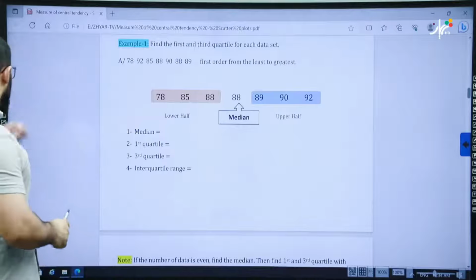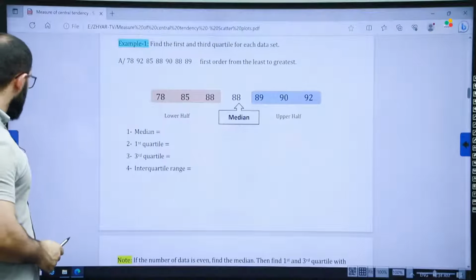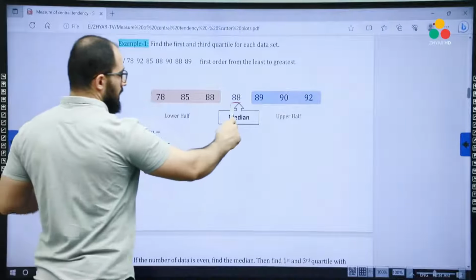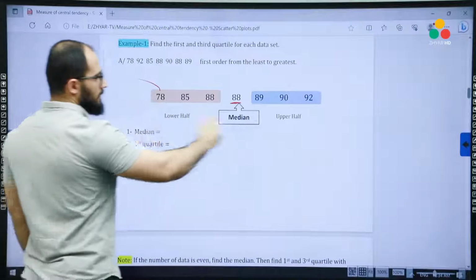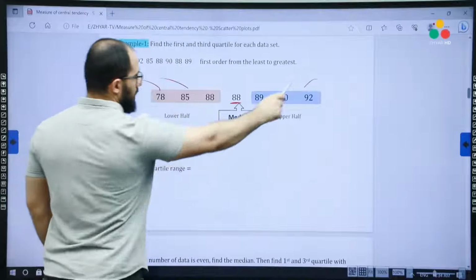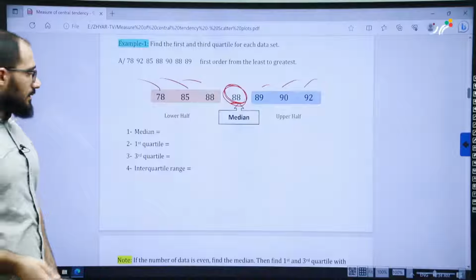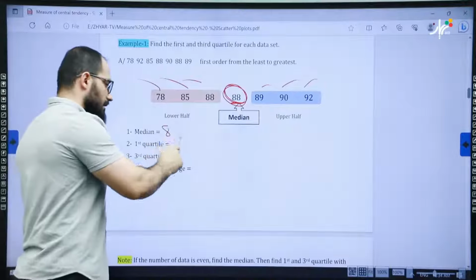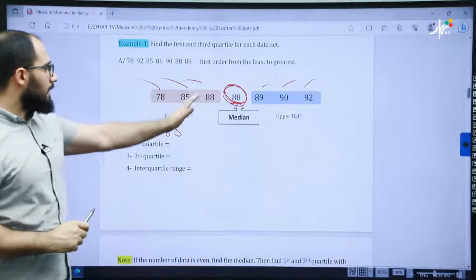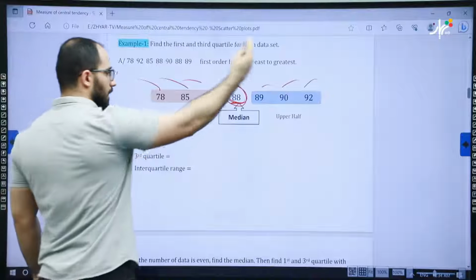Second step, we are going to find the median. The median of this data, as you see, is 88. Then we have the lower half and the upper half.